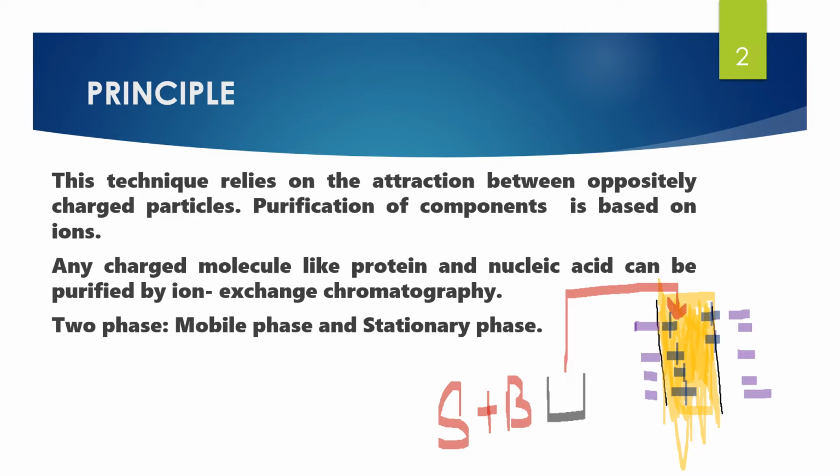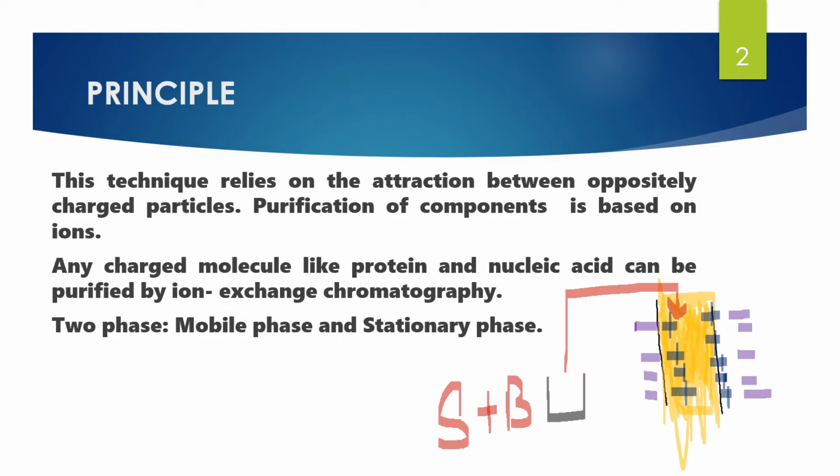So let me tell you once again. This column containing stationary phase is embedded with negatively charged ions, and these negatively charged ions are attached with positively charged functional groups.